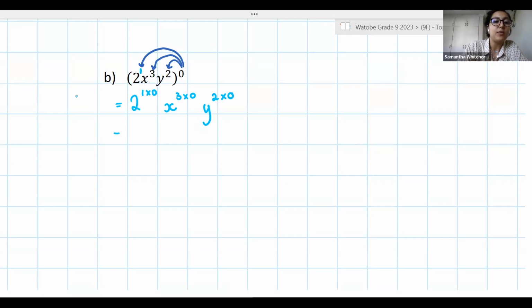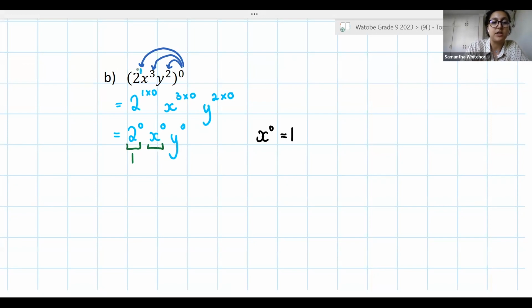Now again, we know whenever we multiply something by 0, we get 0. So actually what I have is 2 to the power 0, x to the power 0, y to the power 0. And we know from our definition that anything to the power of 0 is 1. So that therefore means that this 2 to the power of 0 has a value of 1.